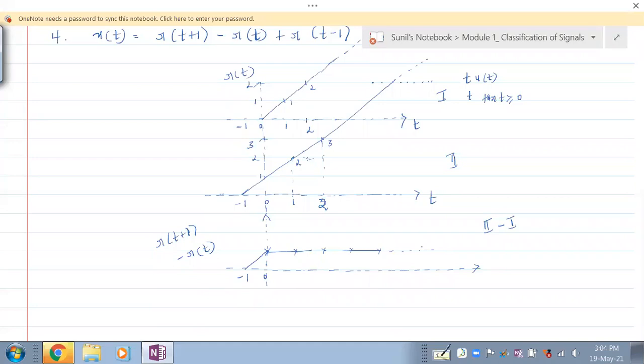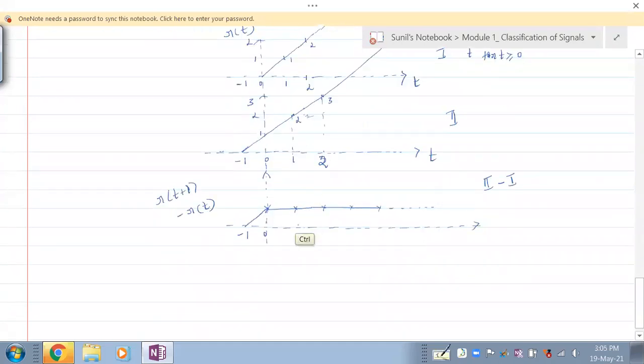Okay, then what we need to do with this, we have to have r of t minus 1. So what is r of t minus 1? Can you sketch r of t minus 1? Everybody, we want r of t minus 1. Fine.